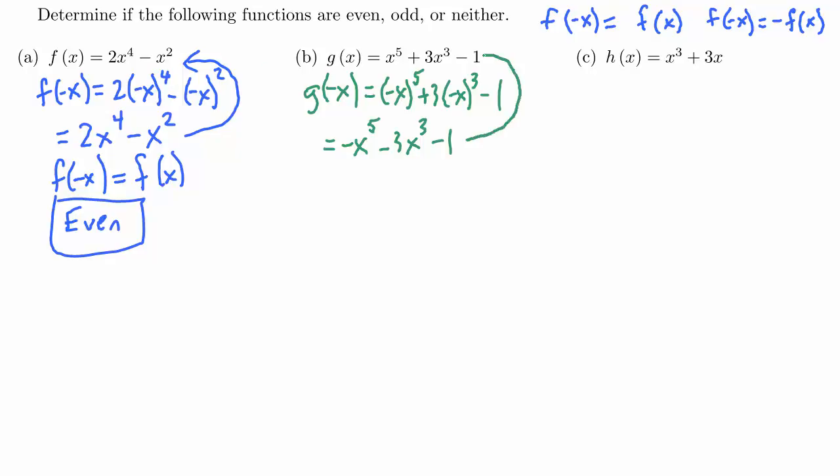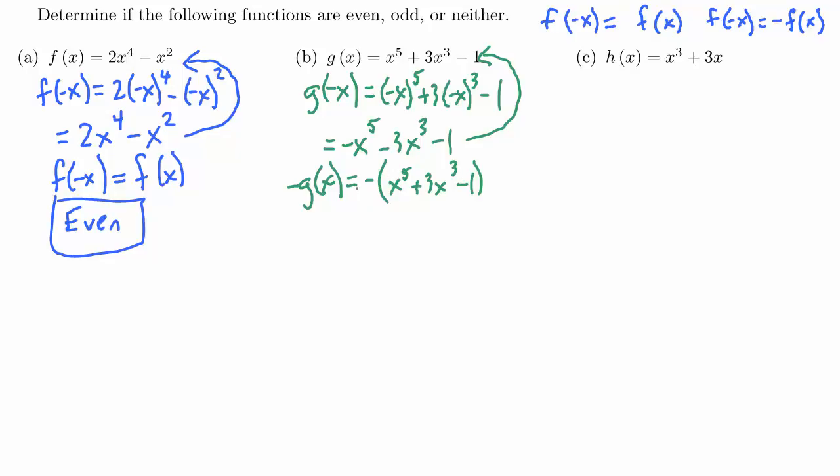Now notice that this and the original are not the same because there are negatives here and here, where there were not here and here. That means that this is not even. The next thing you want to look at is negative g of x. So you're going to look at negative of the original function, x to the fifth plus 3x cubed minus 1.